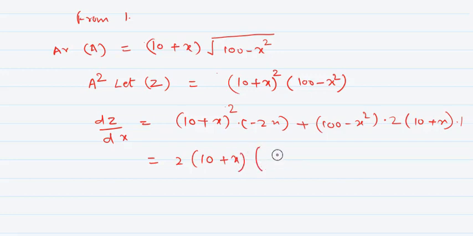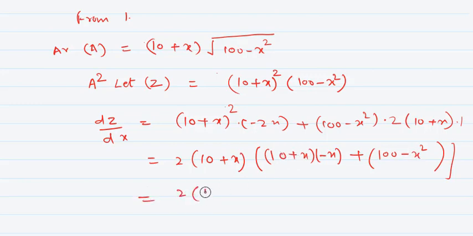We are left with 10 plus x into minus x, plus 100 minus x square. Now if you observe carefully, 100 minus x square is again 10 plus x into 10 minus x. So again we can take 10 plus x as common, because after taking common the question usually becomes so easy and we can solve it very easily.